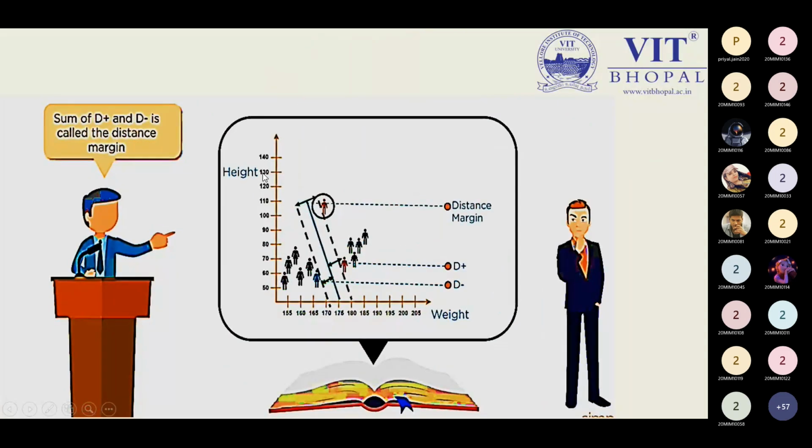Is it clear to all now? Yes, sir. So I am saying once again: what is meant by the margin, what is meant by the distance, what is meant by the maximum space. Next, we have cleared the hyperplane line, and we have cleared D plus and D negative. And now we have the other term that defines everything properly: support vectors.